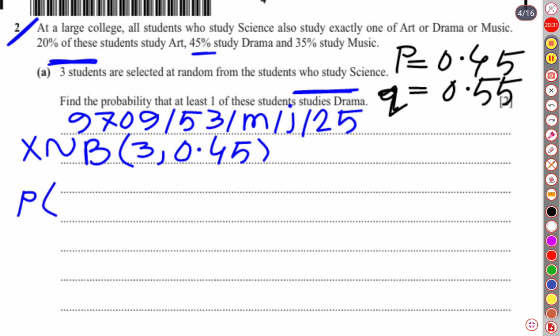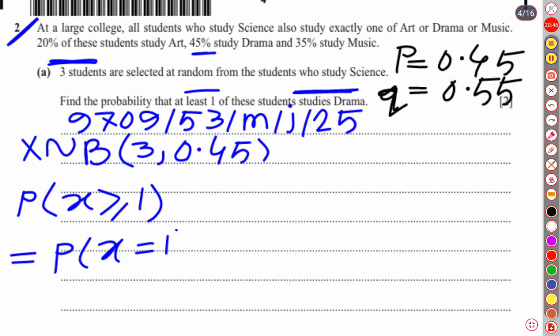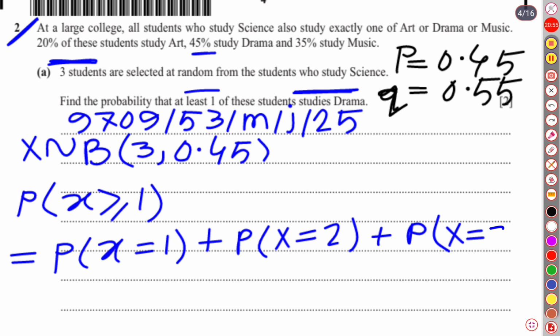So let us start our solution. Probability of at least one means it may be more, or at least one. There are three people, so there may be only one person, or only two students, or all three students took drama, X equal to 3.